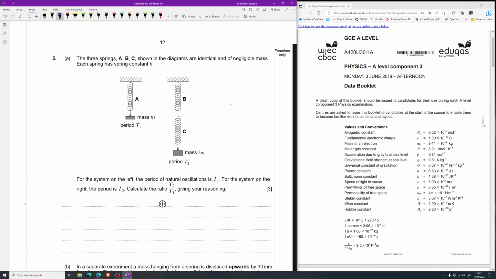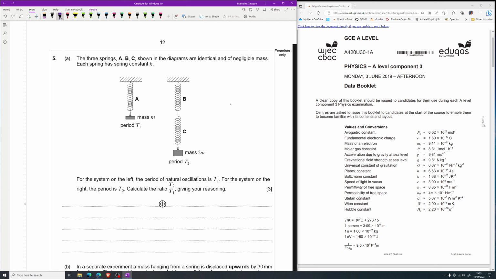So given that T1 is equal to 2 pi square root m over k, then T2 has twice the mass as well, is 2 pi square root 2m over k over 2, which is equal to 2 pi square root 4m over k.